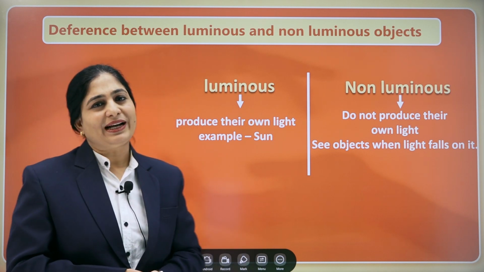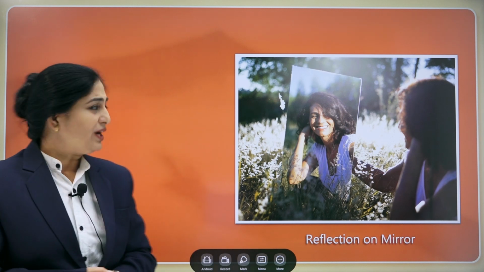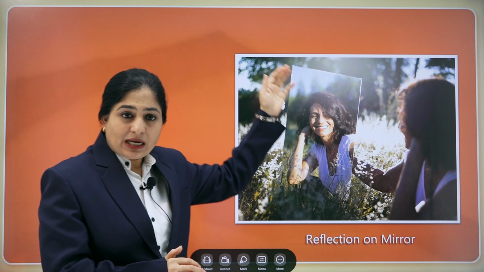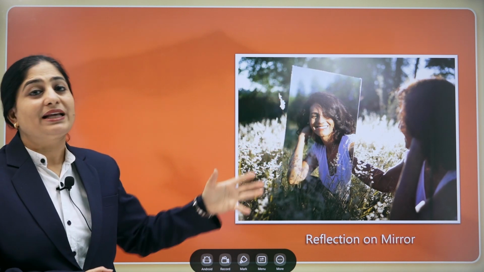So let's move further and talk about a new and interesting thing, the mirror. You all have seen your face or image in the mirror. What happens when light falls on it? When light falls on a mirror, complete reflection takes place and thus it produces an image.